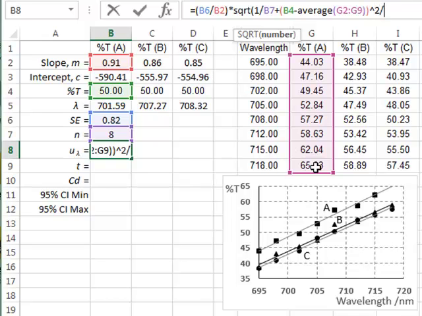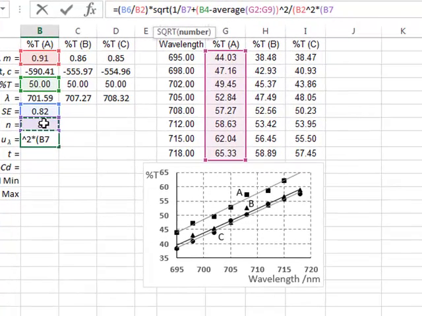This is then divided by, first of all, the slope squared and multiplied by the number of degrees of freedom, which is equal to the number of data points minus 1. And then this is multiplied by the variance in the x values.